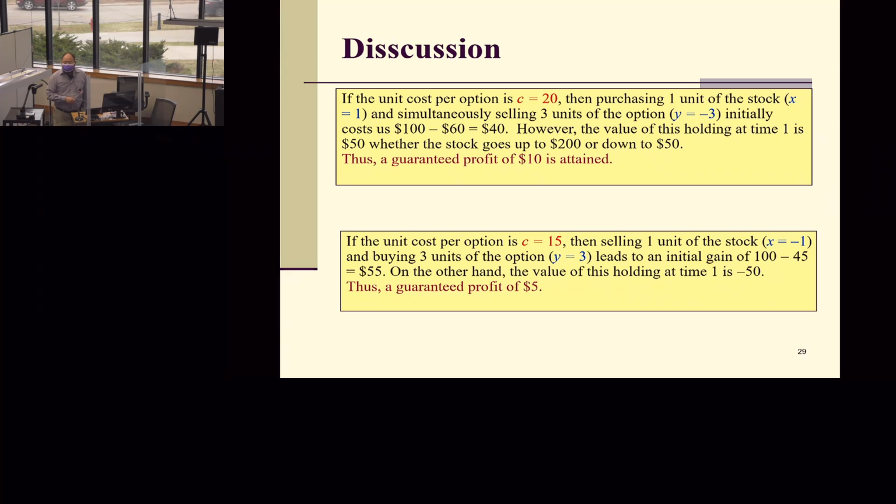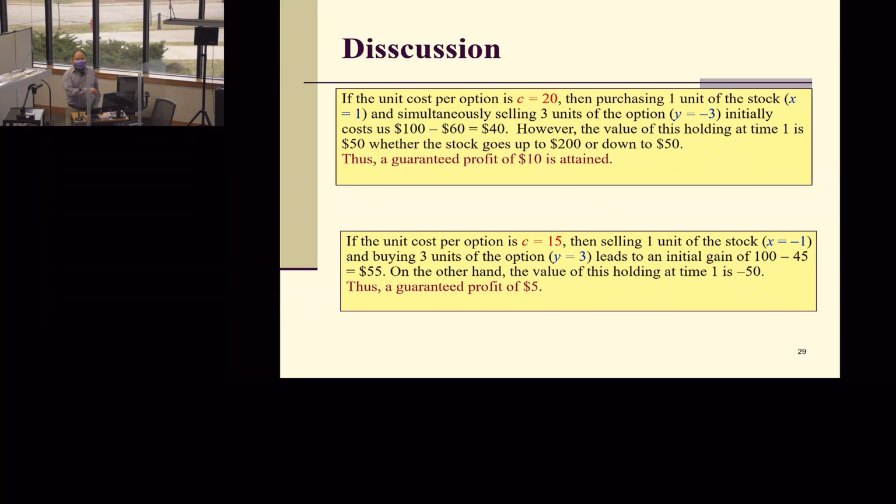However, at time 1, what do I have? Doesn't matter what, I have lost $50 at time 1. Make sense? Since I'm doing the reverse. So I'm guaranteed to lose $50 at time 1 because the outcome is always 50 times x. Now I'm choosing x equal to -1, so 50 times -1 will be -50.